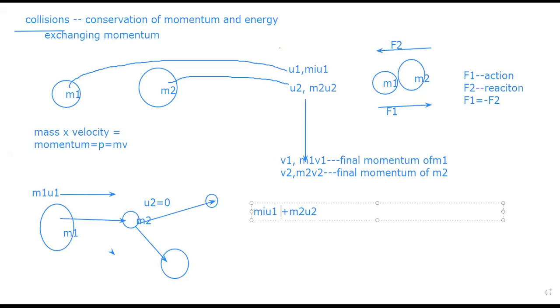So this is equal to the final momentum, that is m1 v1 plus m2 v2. Momentum is constant. Total momentum, not the individual momentum, is constant. So here we have two concepts. One, during the collision, final momentum and initial momentum are equal.